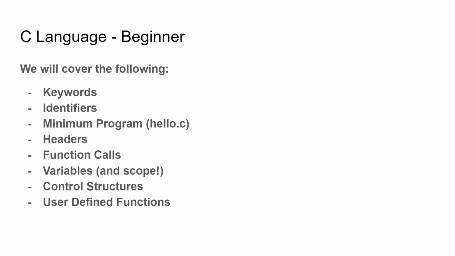Then we're going to talk about function calls and how those work and sort of allude to the function call stack. And I will provide resources for a lot of these for extended reading. Then we're going to talk about variables and their scope, talk about control structures such as the if statements and the loops. And then lastly, we'll finish off with user-defined functions, how we can define our own functions and just some of the rules we need to keep in mind there.